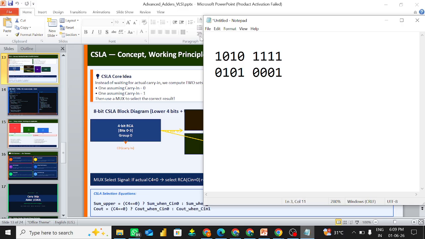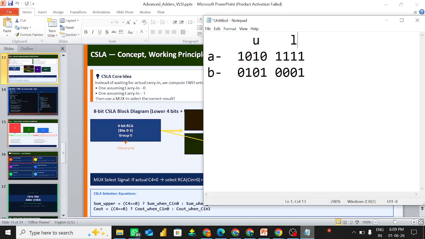These are your A and B. These are your upper and this will become your lower. So these are the lower 4 bits of A, lower 4 bits of B, and the upper 4 bits of A and B. This is how it looks.